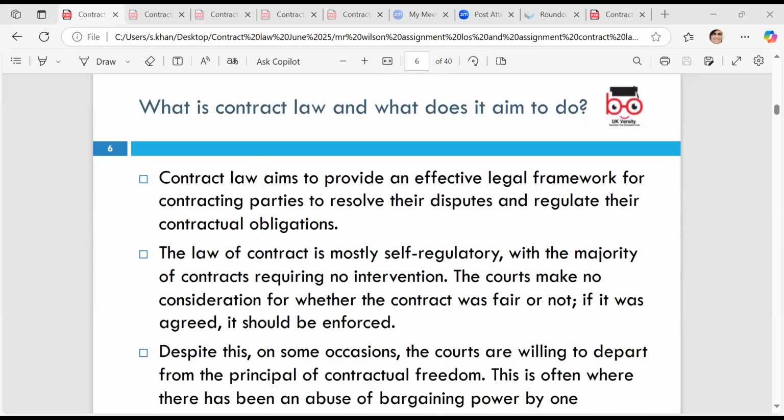So what is a contract and what does it aim to do? The whole point of a contract is that it's an agreement, like you said, between the parties and it's legally enforceable. And the whole point of it is to provide a framework for creating and enforcing contracts and making sure people are accountable.